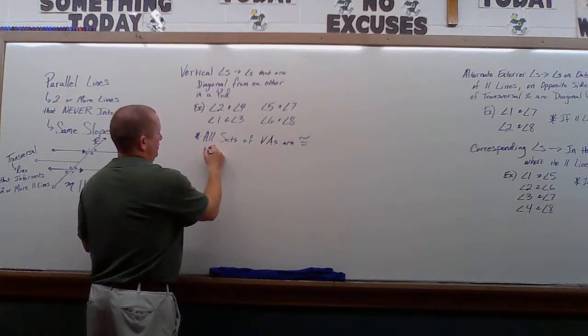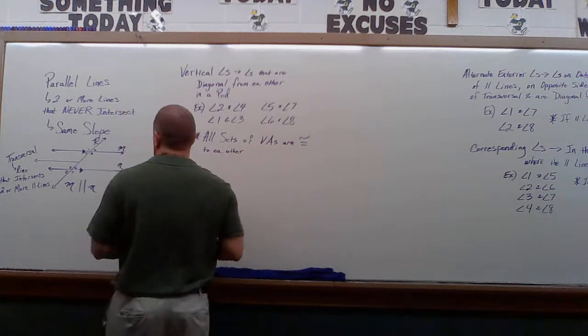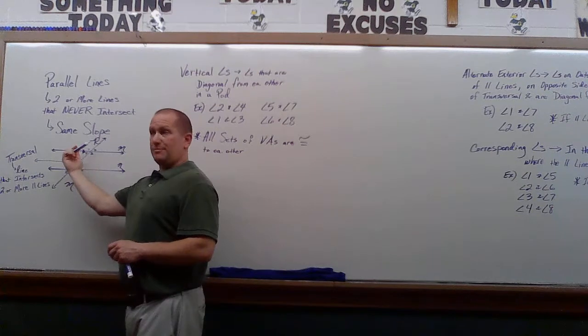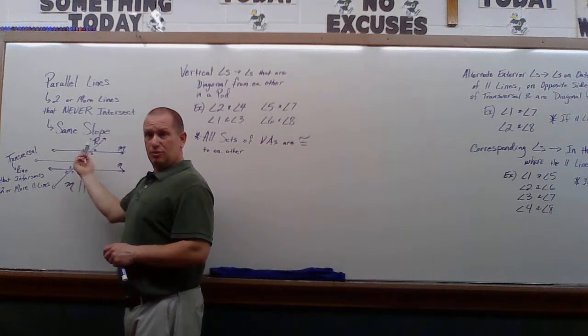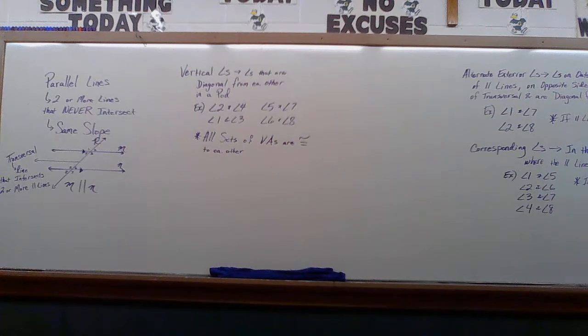Let's say to each other. I would hope you understand that. This group's not the same as that group, right? These two and these two aren't. So they're just to each other. The opposite of acute is obtuse. Everybody good with that?